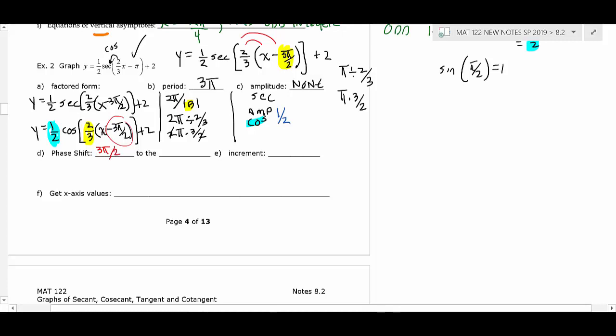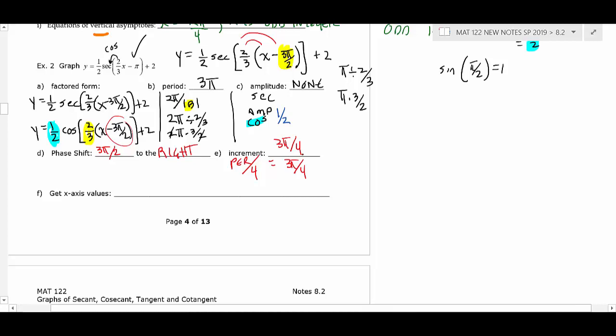Is it left or right? Minus tells us to the right. How do you find the increment? Period over 4. The period's 3 pi, divided by 4. So we've got all the key stuff that we need.